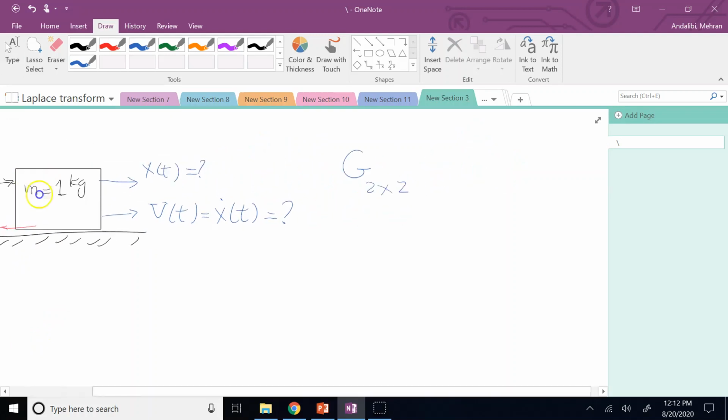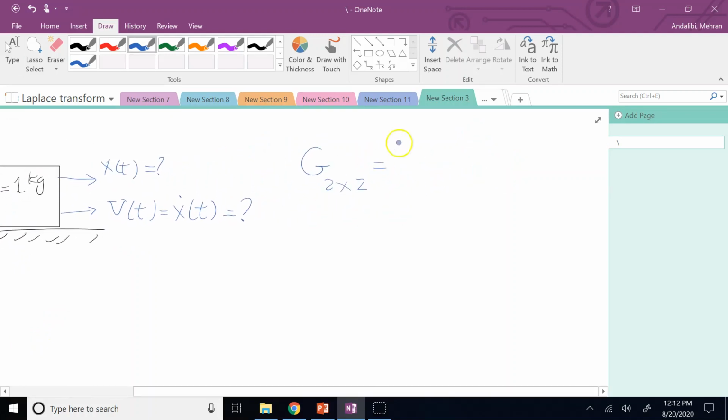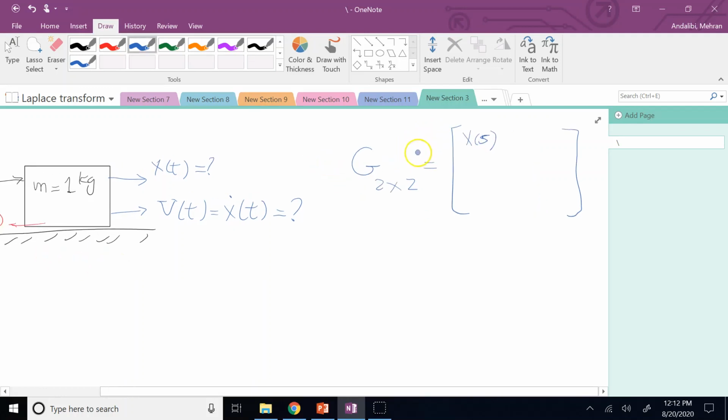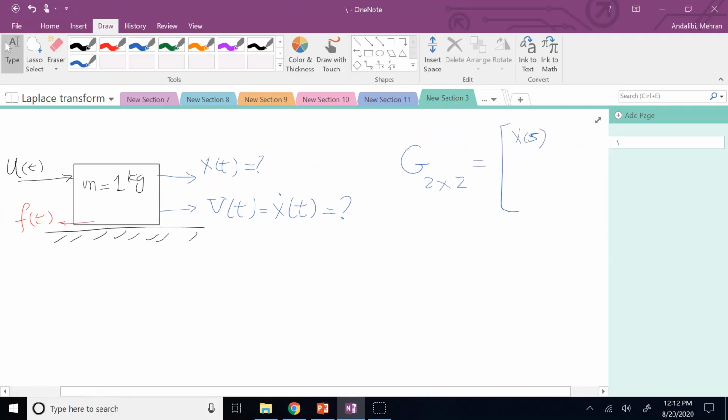So what elements does this matrix have? The first one is going to be the first transfer function, x of s over what? Over basically the first input, u of s.